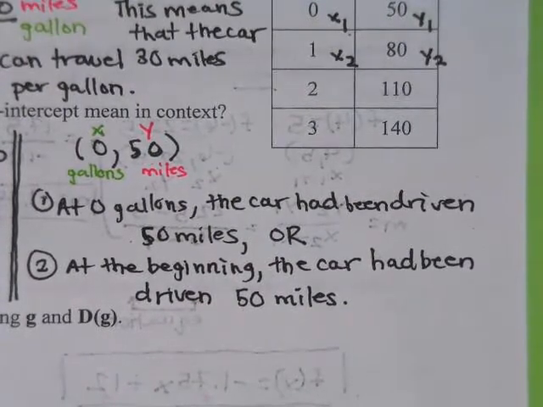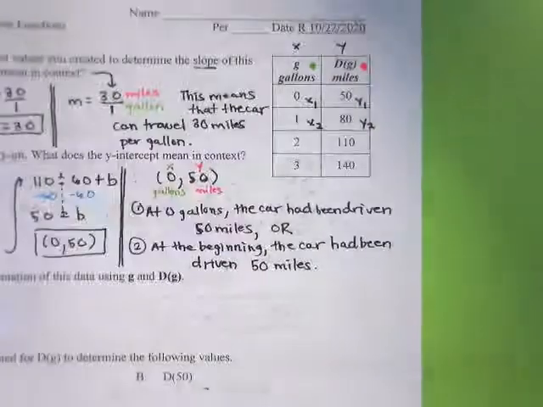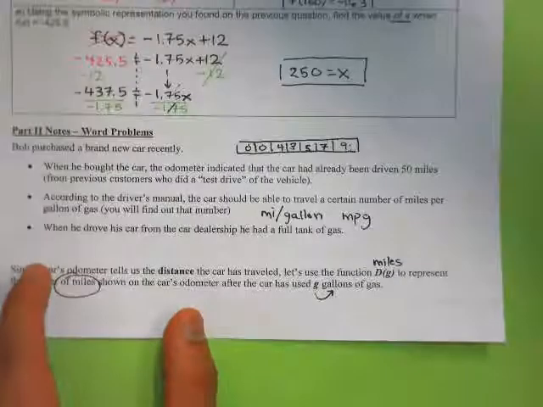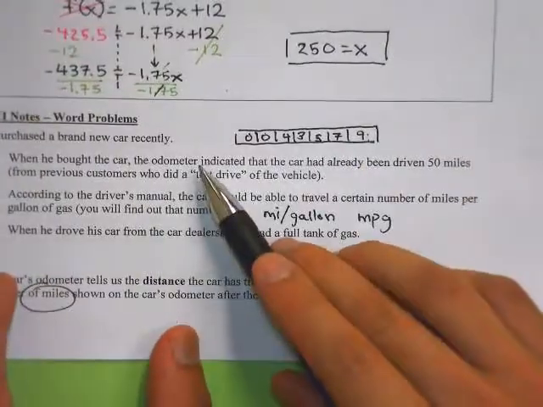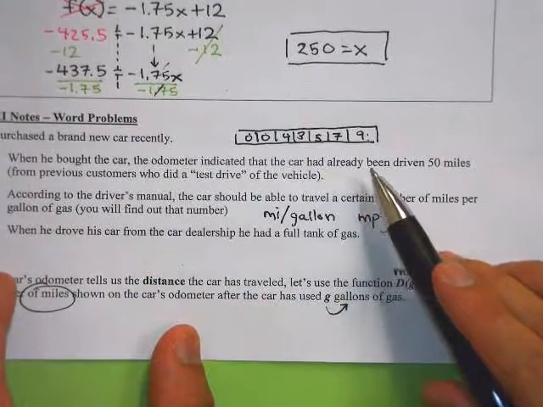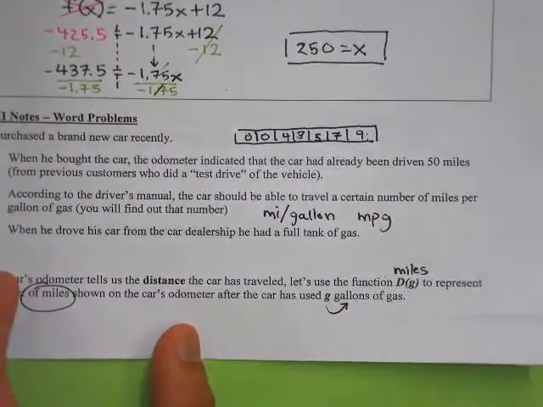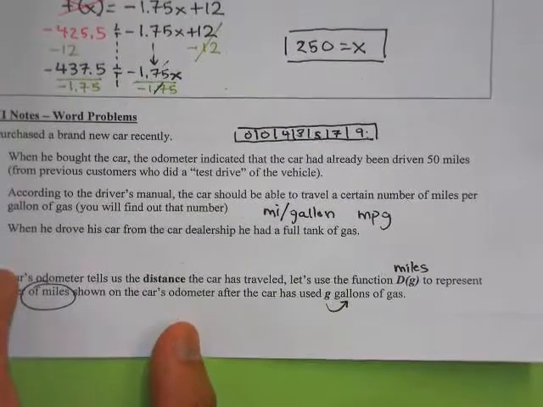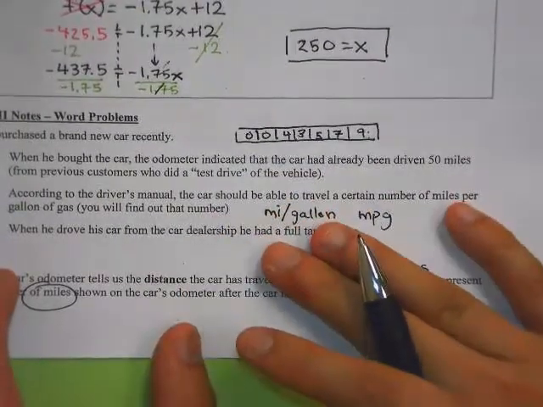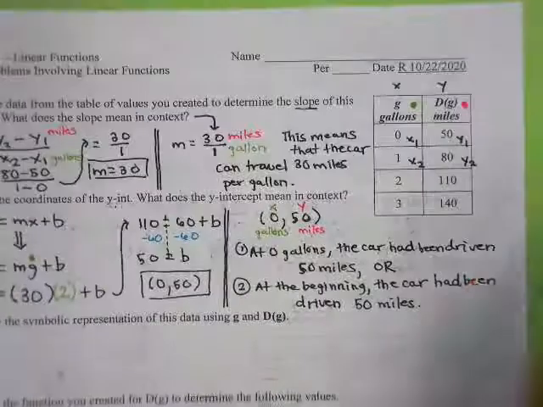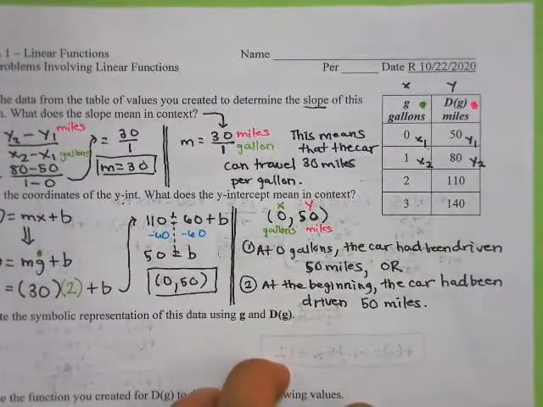Wait, how is that possible if the car had been driven already 50 miles? Yes, because on our previous information, when he bought the car, the odometer indicated that the car had already been driven 50 miles because of the test drive. So now it's been matching up. All the calculations have been matching up to this specific word problem.